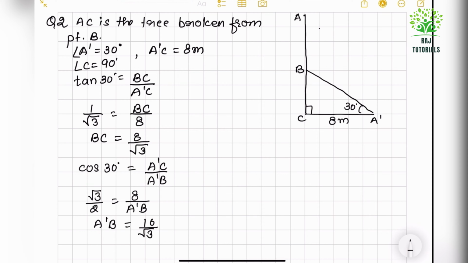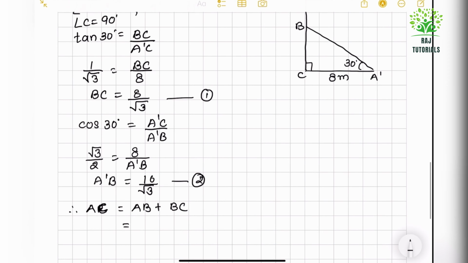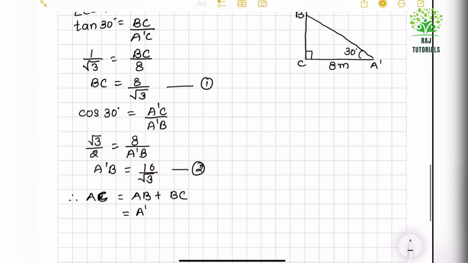So now I want the tree's height, so I have to add 1 and 2, because AC equal to AB plus BC. But AB is nothing but my tree which is fallen down, so I can say A dash B plus BC.